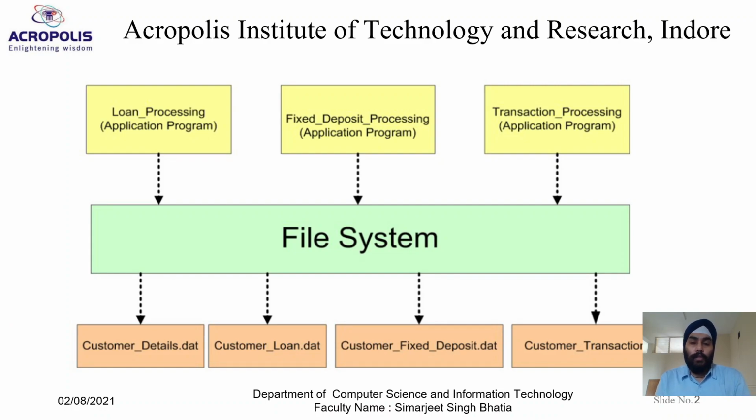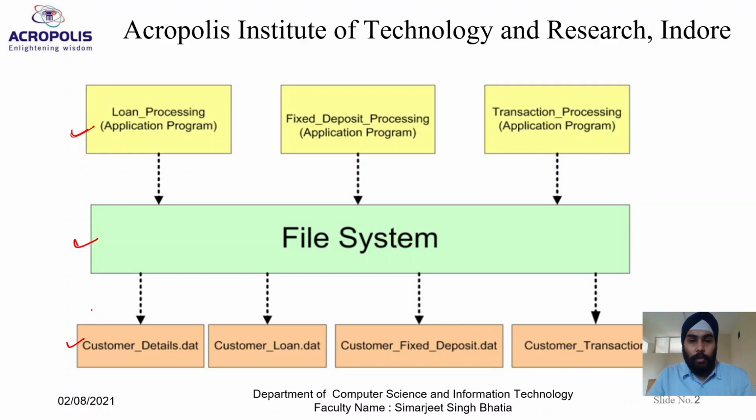So students, as you can see in this diagram, there are three major components. The first component is the application program component. The second is the file system, and the third component is all the data files, or all the DAT files.